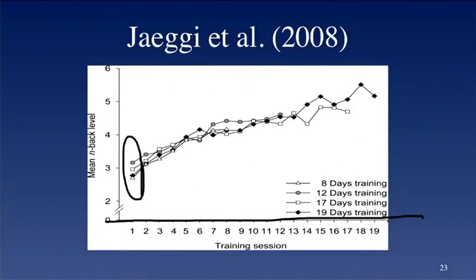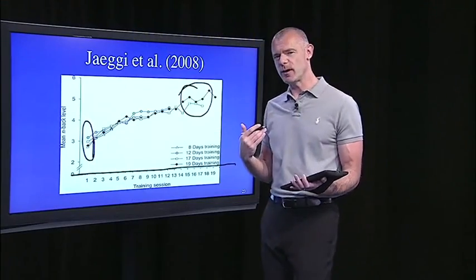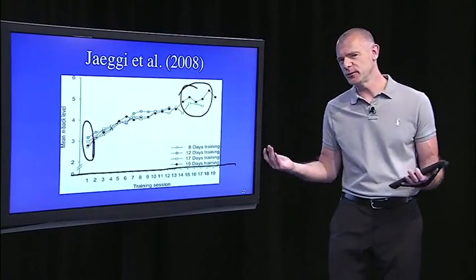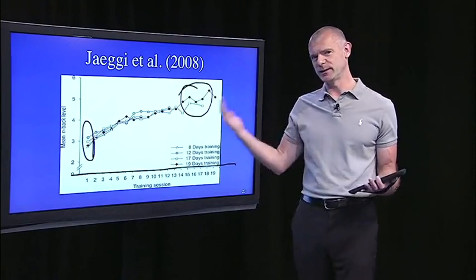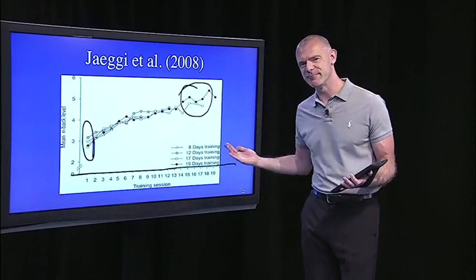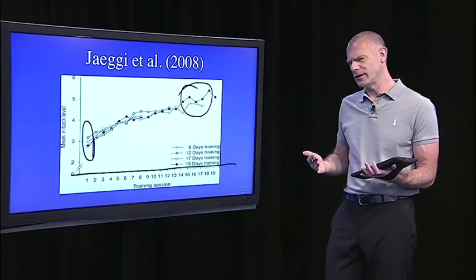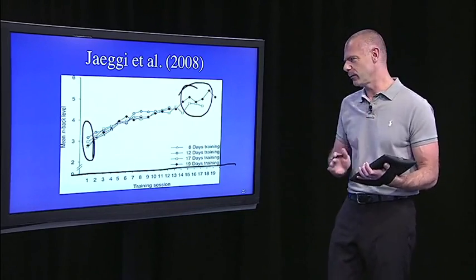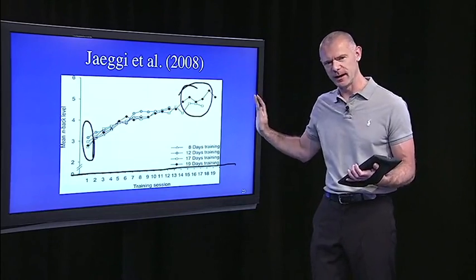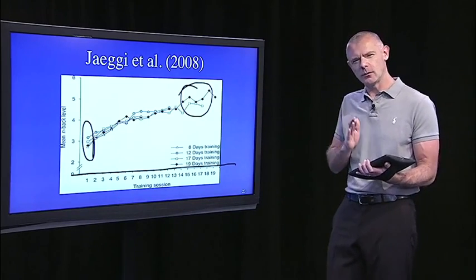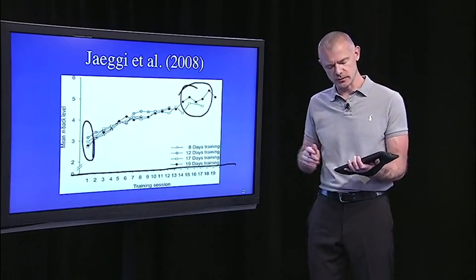But over many, many training sessions over weeks, subjects get up to like 5, 6 back. I've been doing working memory studies for 2 decades. I can't imagine myself doing 5 or 6 back in the n-back task. It's very difficult to do. So these people trained something. I'm not sure exactly what they trained, but they trained something and they got really good at this task. The question is, did they do better on the intelligence test?